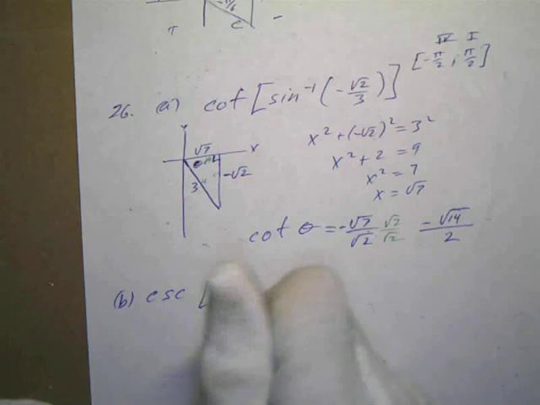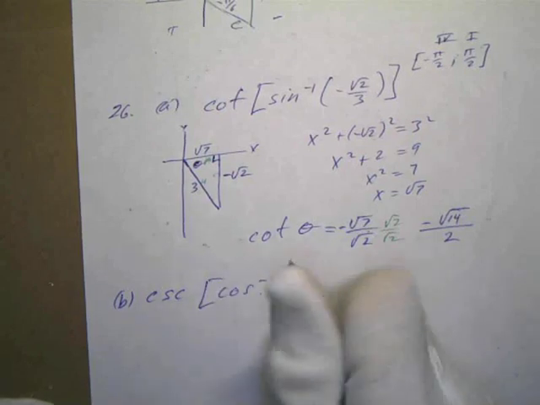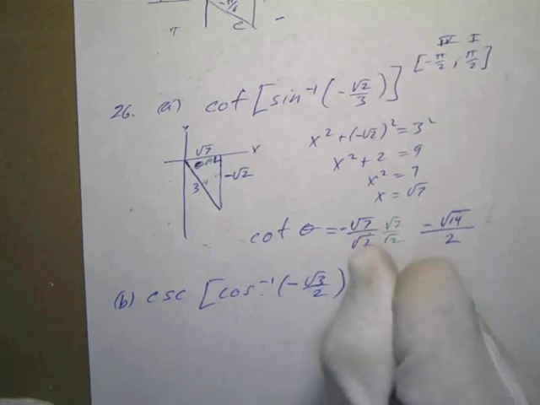Okay, let's take a look at B. Cosecant of the angle whose cosine is negative the square root of 3 over 2.